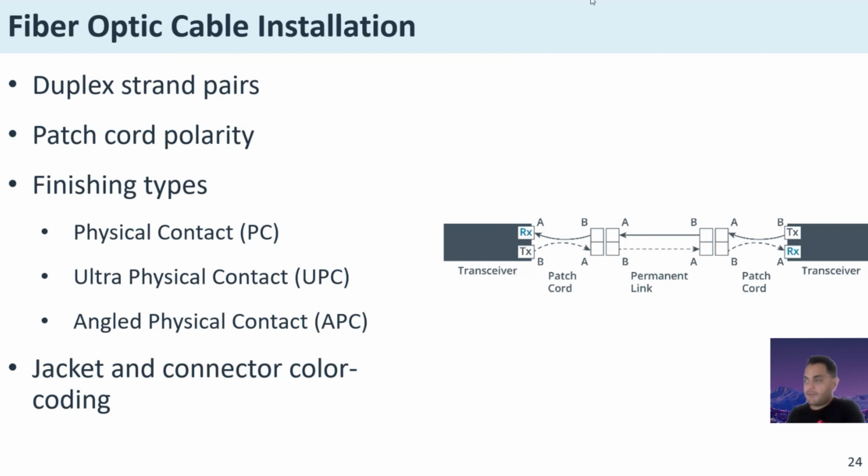You guys see the diagram here. When you see your RX, your TX, and how they're supposed to interconnect. And as you can see, as it states there, you have your receiver and your transceiver. But when you're patching through, you have to have one speak to the other.